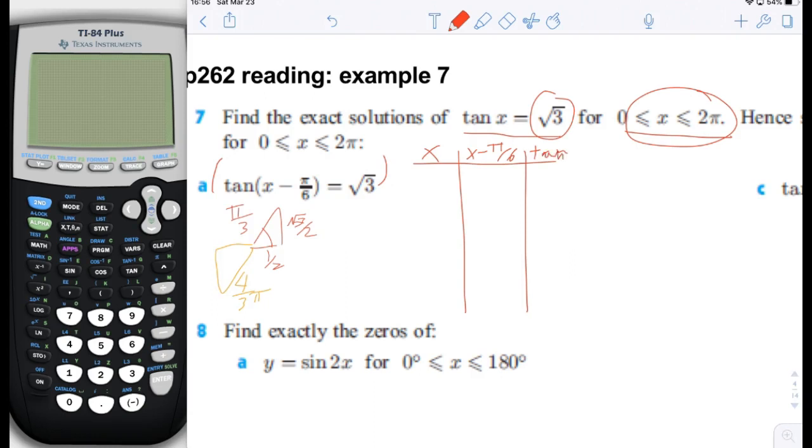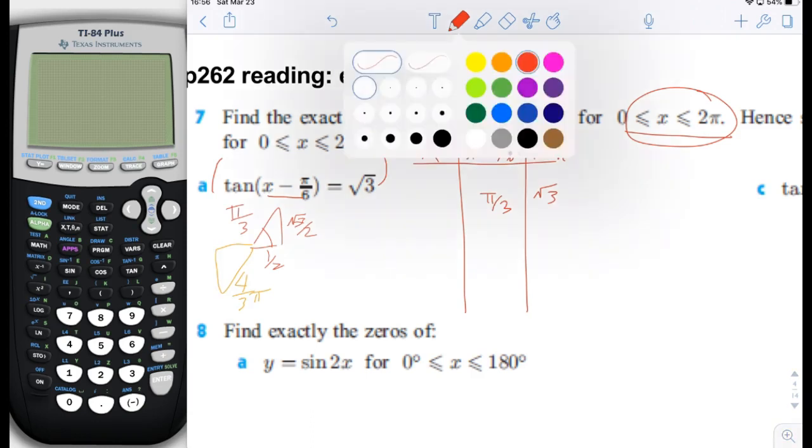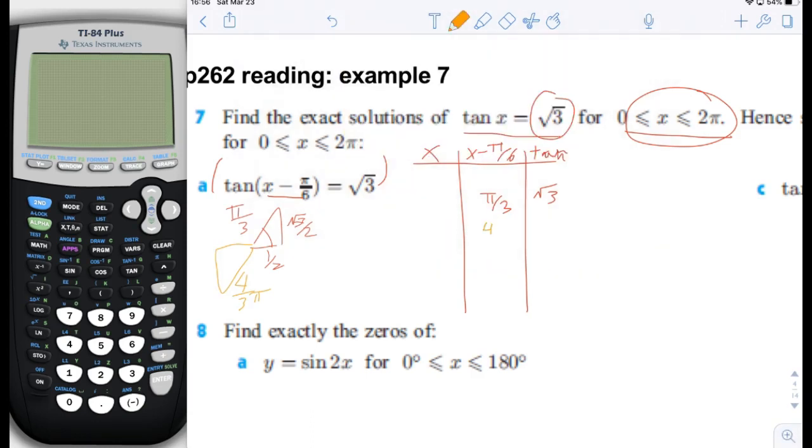Okay, and so what we're looking for in the third column is square root of 3. And we're going to find all the angles that give us square root of 3. So x minus pi over 6 is the angle that's inside tangent. So we are going to put the two angles that we found so far. Here it's going to be pi over 3, and we're going to put 4/3 pi. Those are the two angles that we know of which give us tangent square root of 3.